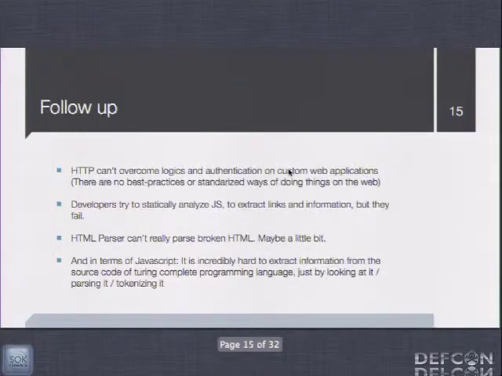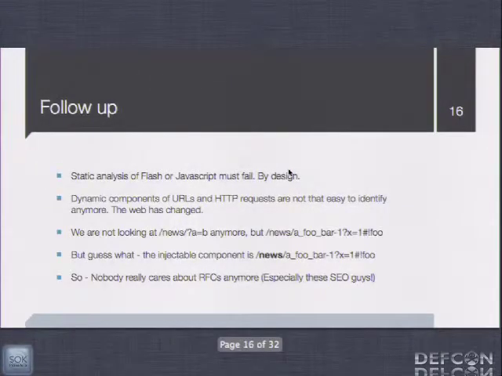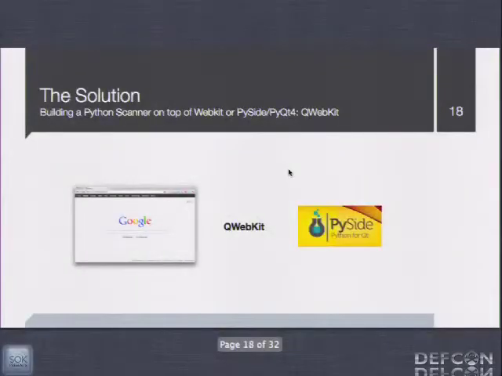But as we have seen with the browser example, there is a better way to solve the problem. And the solution is, from my point of view, because it is incredibly hard to extract information from a Turing-complete language like JavaScript. It is incredibly hard to handle all the broken HTML and web stuff. So the solution is, from my point of view, to simply use a web browser.